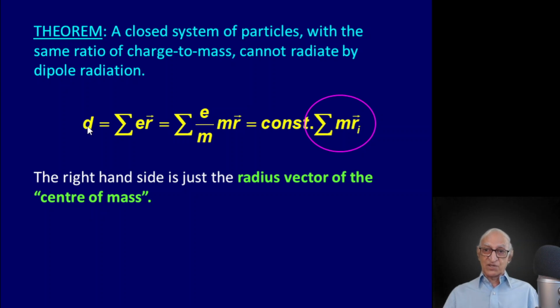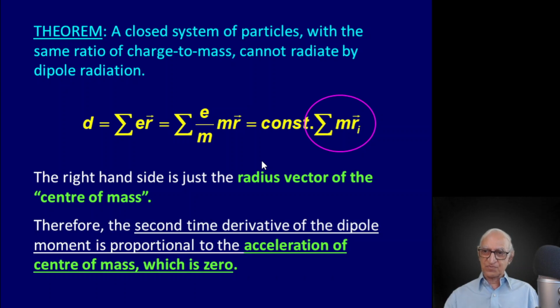Now, in order to have radiation, you must have d double dot, the second time derivative of the dipole moment, must be there. Therefore, it will be the second time derivative of the radius vector of the center of mass. Now, the second derivative of the radius vector of the center of mass will give you the acceleration of the center of mass.